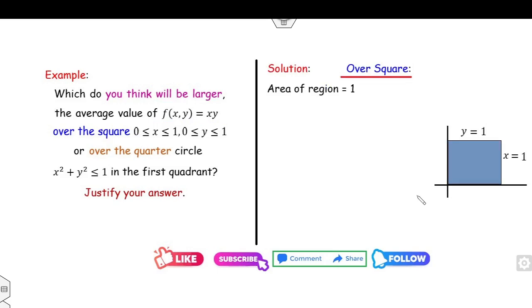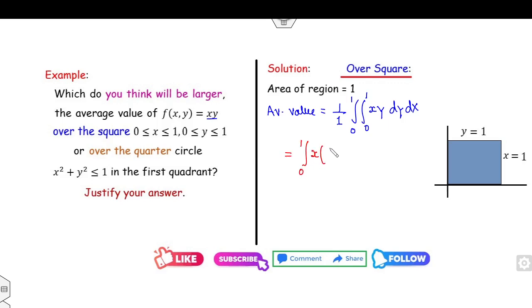I can draw the feasible region. Clearly the area is 1 into 1. Then the average value will be 1 over area, double integration of x into y dy dx. Take the vertical step 0 to 1, 0 to 1. Can you solve this integration?